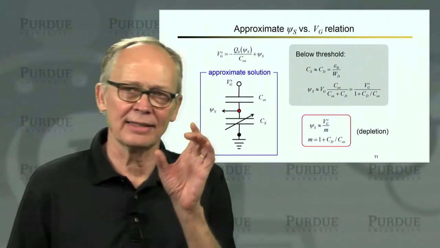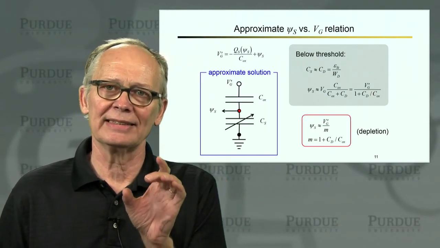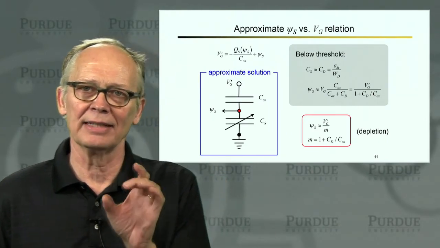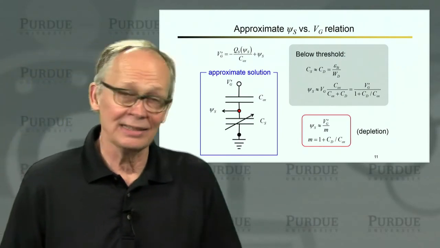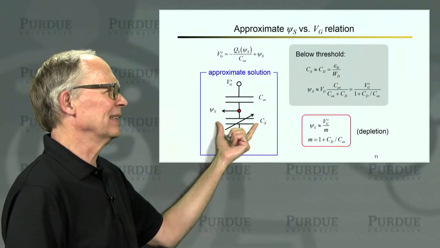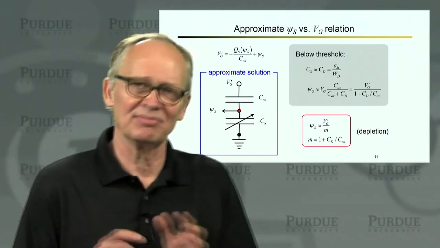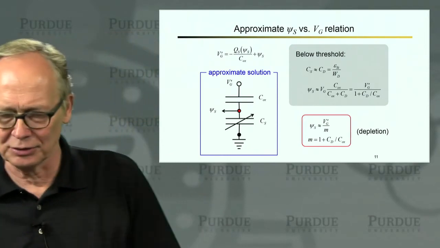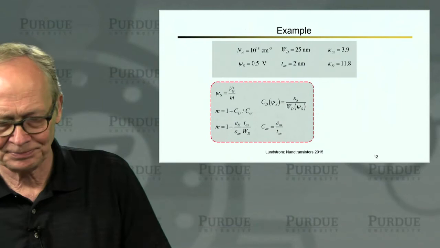So the bottom line is that if I apply a gate voltage, some fraction of that gate voltage gets into the semiconductor and appears as the surface potential. This is approximate because I'm assuming that this complicated nonlinear capacitor is actually a constant average capacitor. But it is a useful, widely used approximation.